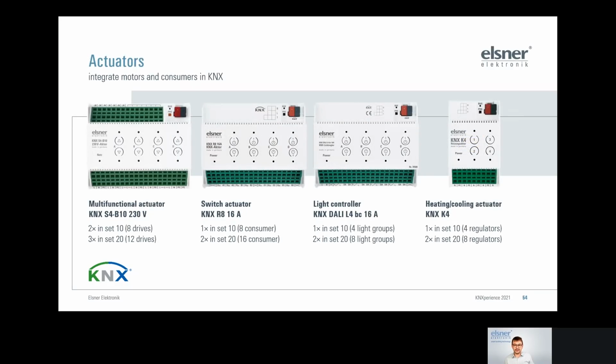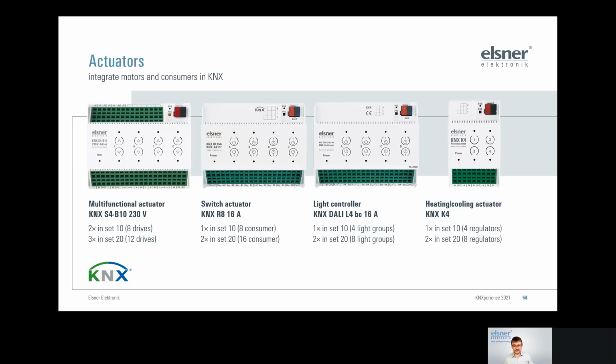The sets contain 2 multifunction actuators with 8 drives or 3 actuators with 12 drives. There are also 1 or 2 switch actuators with 8 or 16 consumers. 1 or more light controllers are also included in the set to control 4 or 8 lighting groups.